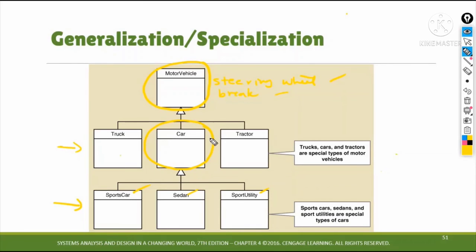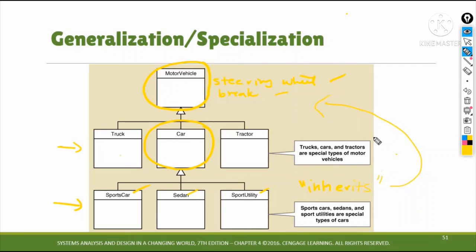But perhaps there are special attributes in cars that are only inherited by these classes. So in this way, the subclass inherits the characteristics of the superclass.